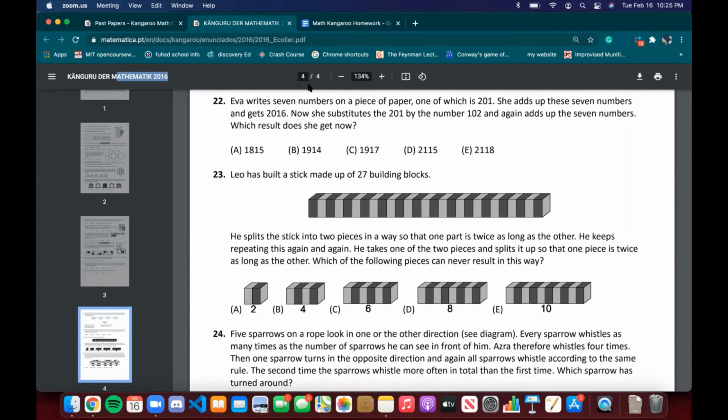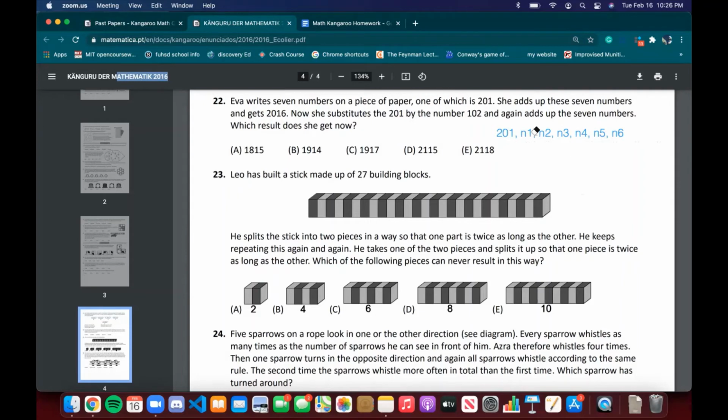Okay, so if we added up the total, we have 201, and there's 6 other numbers, which we'll write as number 1, number 2, number 3, number 4, number 5, and number 6. So that's 7 numbers total. And we could do a nice little trick here.